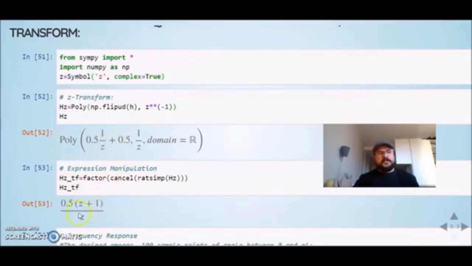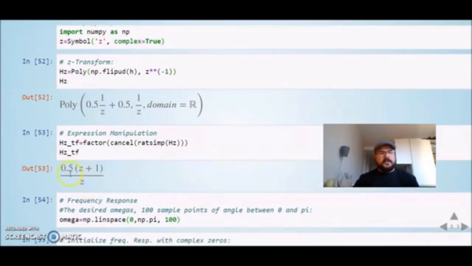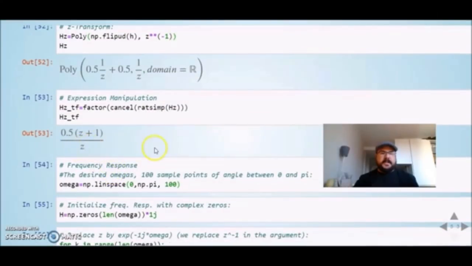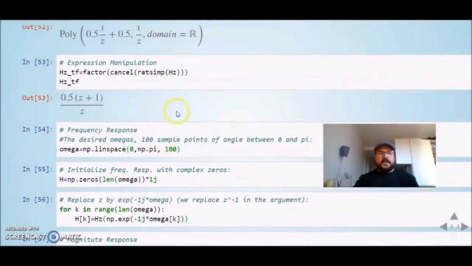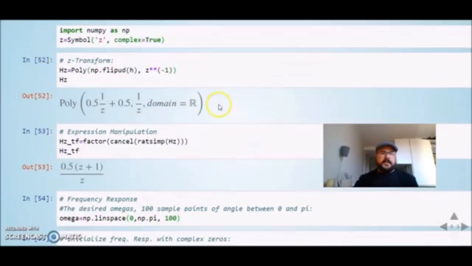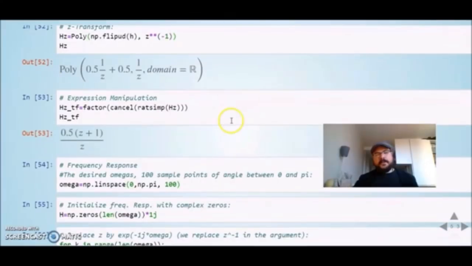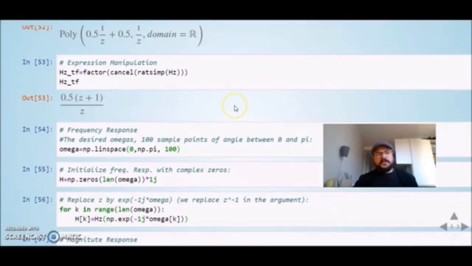So here what we have is the Z transform. With a bit of expression manipulation we can change it. So here it's easier to see that we have a pole when Z is equal to 0 and a zero when Z is equal to -1, and we have also this gain factor of 0.5. And now if we replace Z by e to the power of j omega and we choose a desired frequency, so we're choosing 100 points between 0 and pi, so pi will be until half of the upper circle on the complex domain.